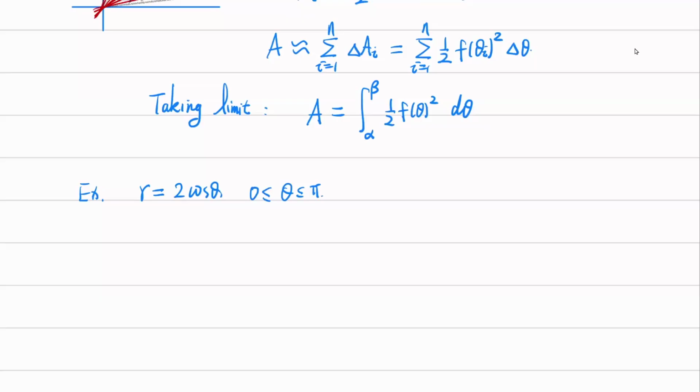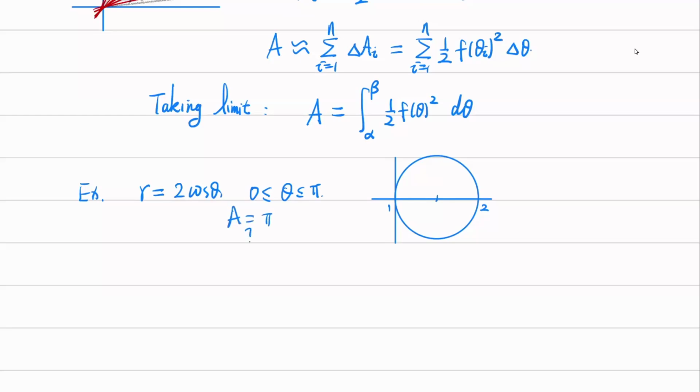So it's a circle of radius 1, and we expect the area should be pi.